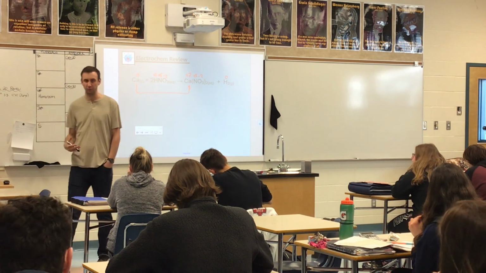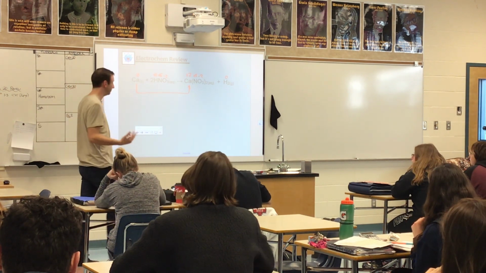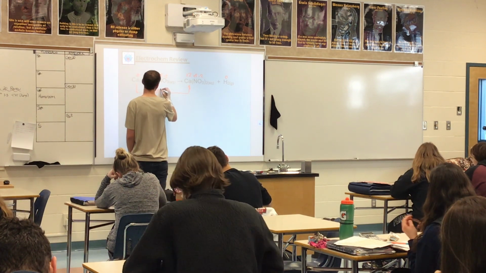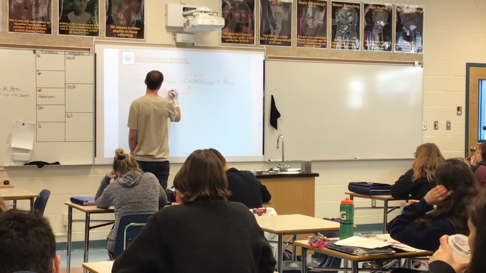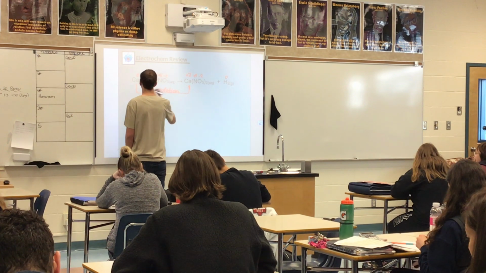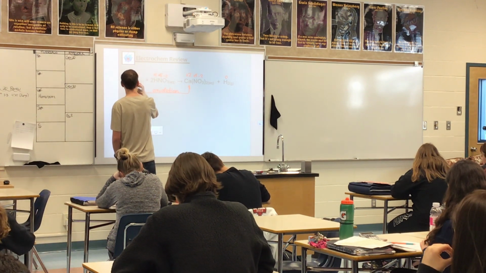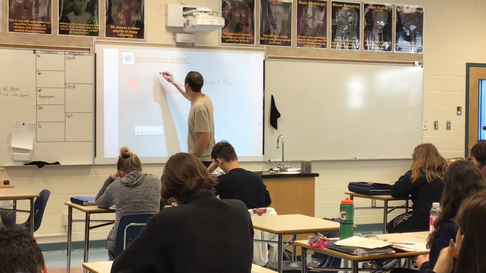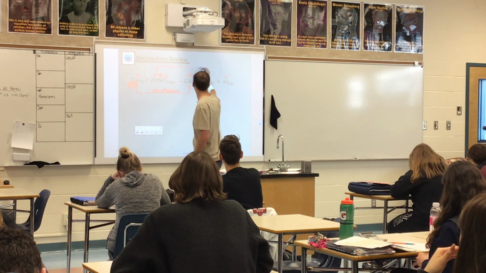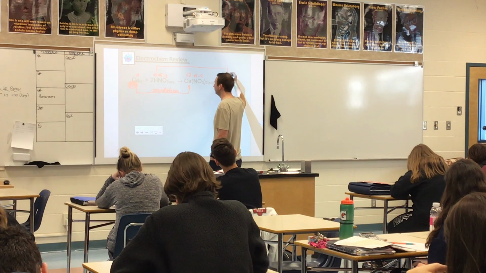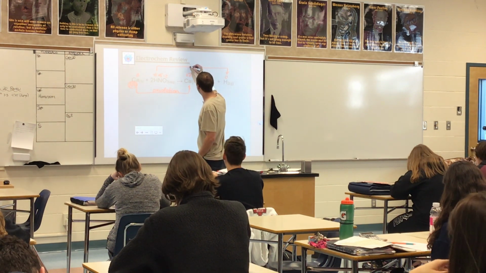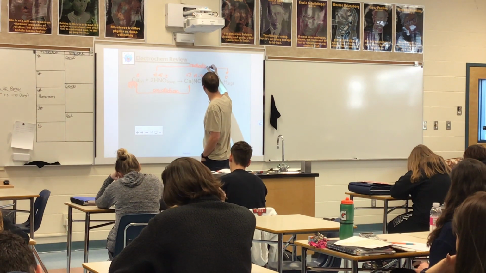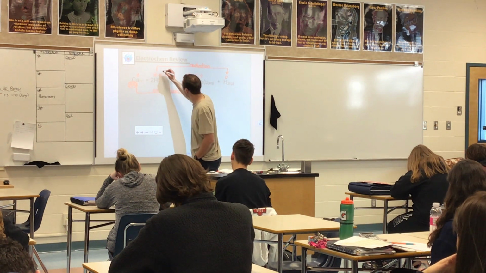So it's becoming more positive, meaning that it is going through oxidation, right? So that's your RA. And then hydrogen ion is actually going from positive 1 to 0. So that's getting more negative. That's your reduction, which makes it your OA.